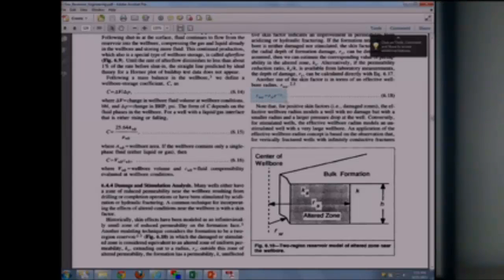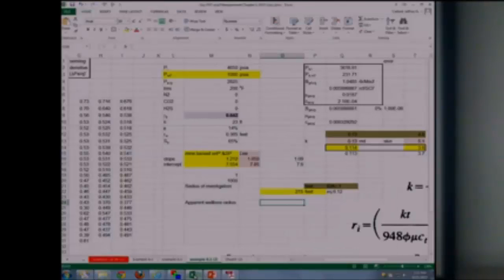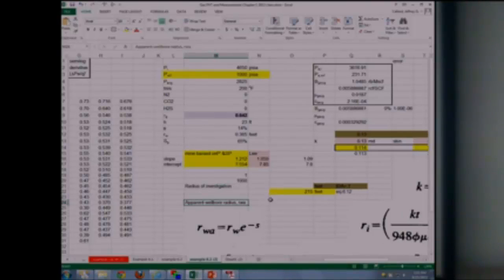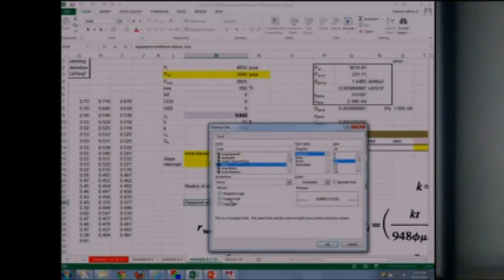Apparent wellbore radius, RWA, is your actual wellbore radius times e to the minus s. It's convenient because whenever an equation asks for radius and you don't see skin in it, you can always replace RW with RWA.